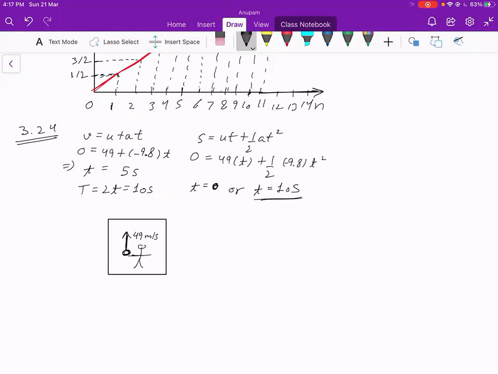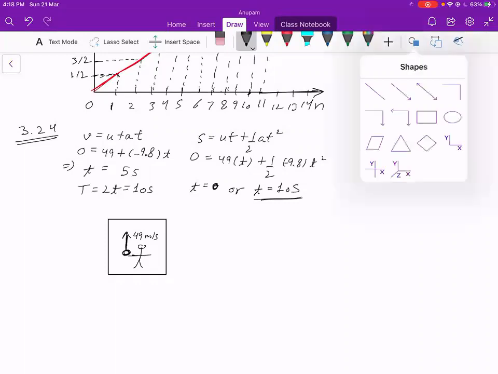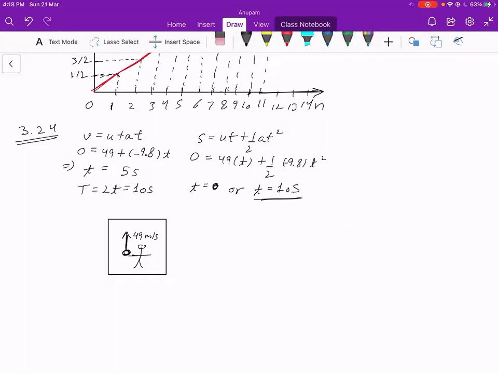And again, the boy is throwing up the ball after the lift starts moving, of course. Then how much time does the ball take to return? Let me draw the diagram for that. If I start moving the lift upwards, the lift itself is moving at 5 meters per second. And now the boy is throwing the ball with the maximum speed he can. Now how much time will the ball take to return to his hands?